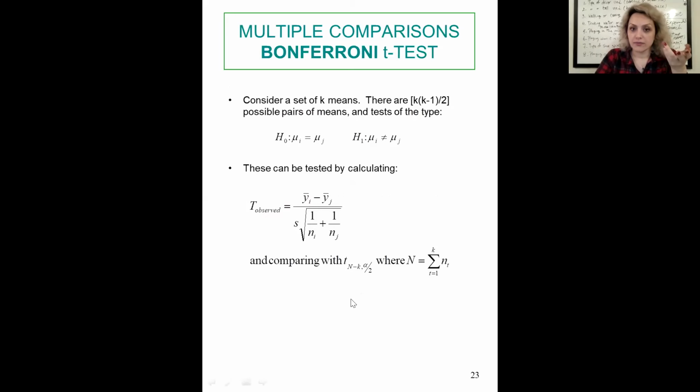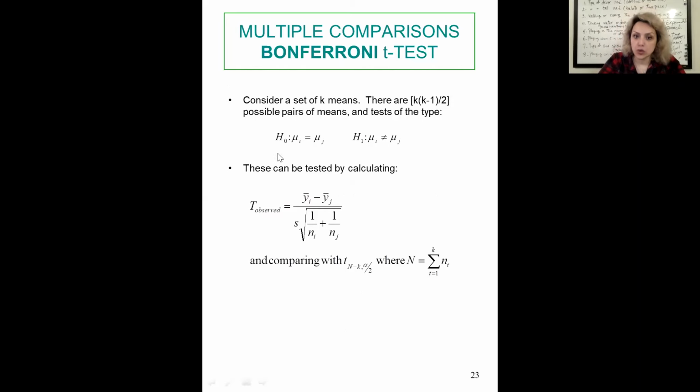So here, when we have the t-test for comparing them, we call it the Bonferroni t-test. Consider a set of k means, and there are k times (k minus 1) divided by 2 possible pairs of means to test.